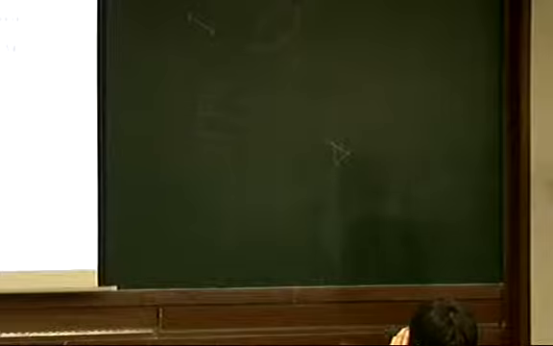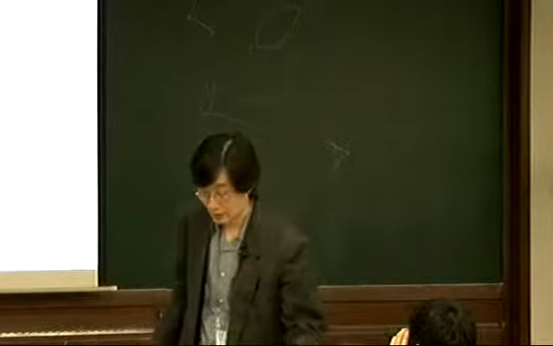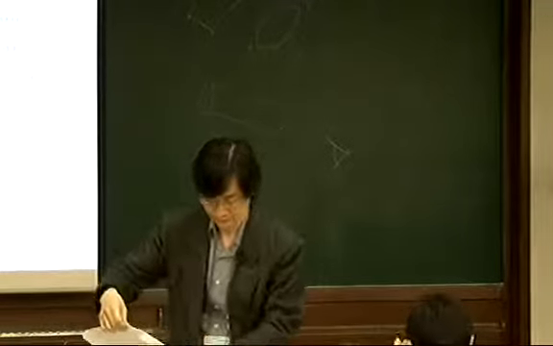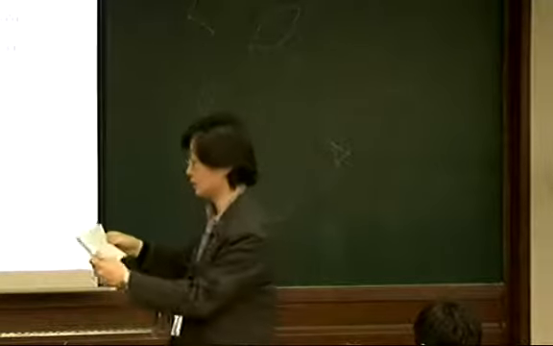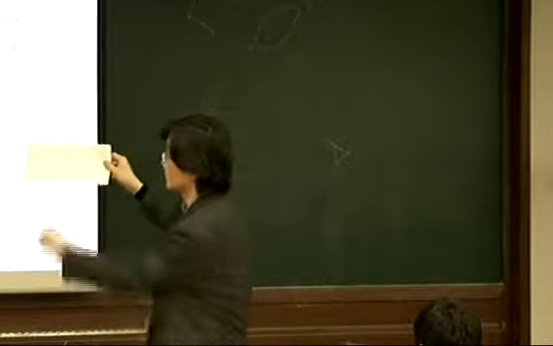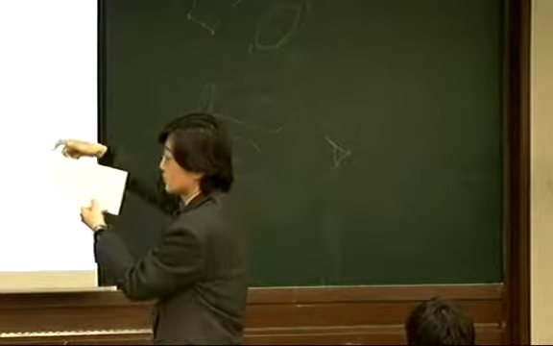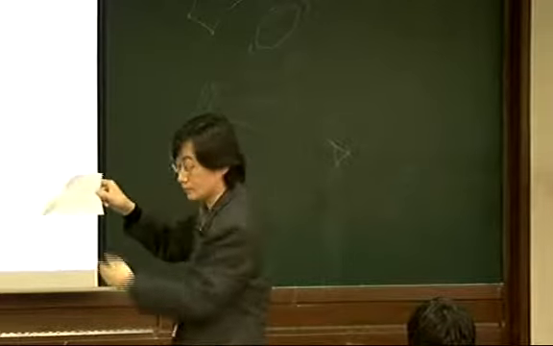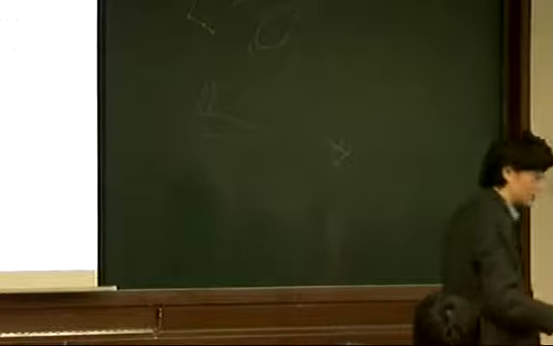And another thing is the silvered strip. For example, here you look at this kind of strip, and then you put a mirror structure here and a mirror structure here. So this will be the boundary here. Then this is again an Euler characteristic 0 object.